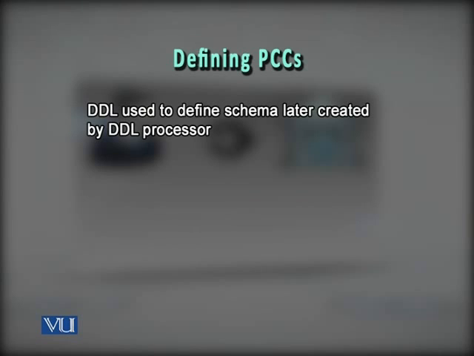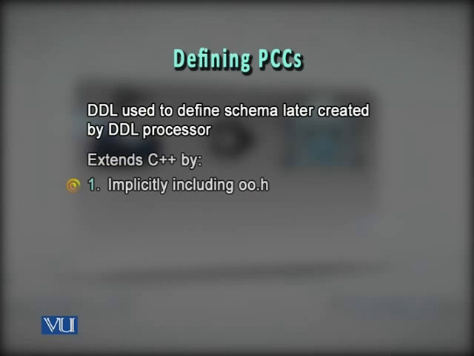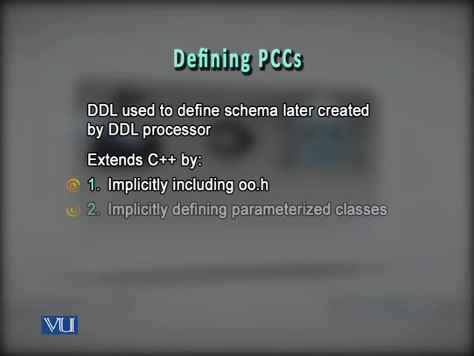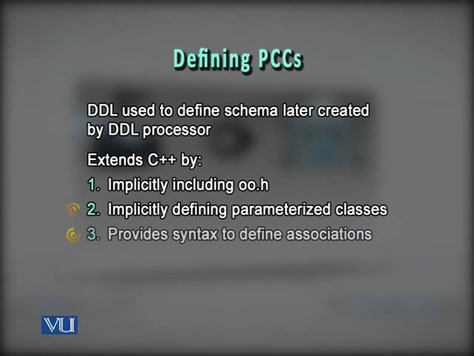However, DDL extends C++ syntax in four ways. First, the processor automatically generates the .h file. Second, the processor automatically defines the reference file. We have seen this in the previous lecture. Third, the DDL provides the syntax or statements to define associations.